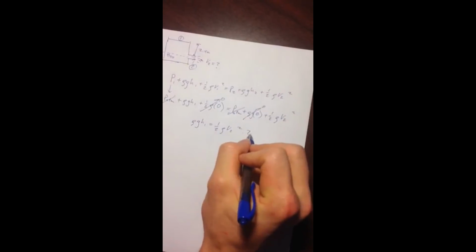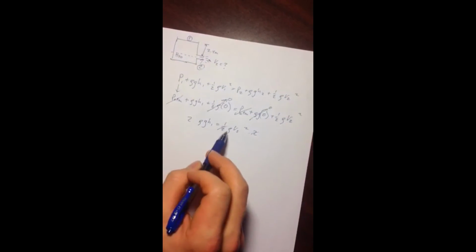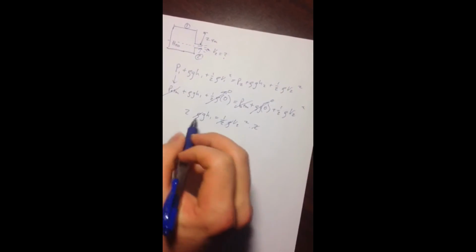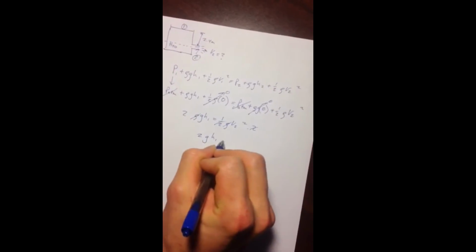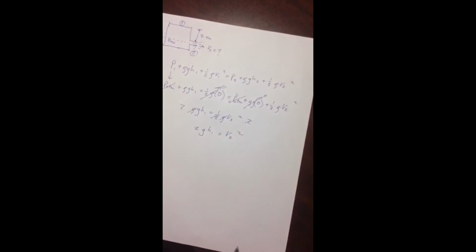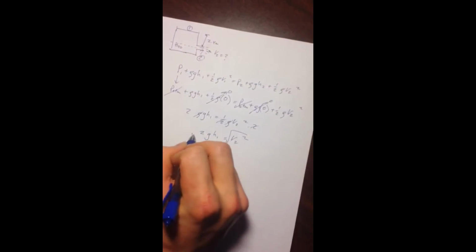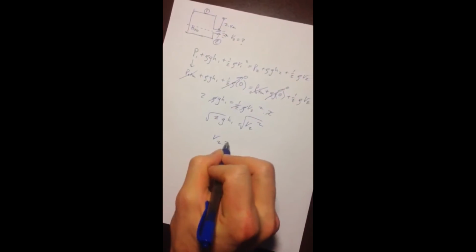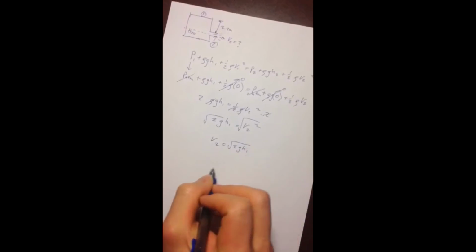We will multiply both sides by 2, and the rho terms will cancel out. So we will be left with 2 g h1 is equal to v2 squared. So we will take the square root of each side to get rid of the squared terms. v2 will be equal to the square root of 2 g h1.